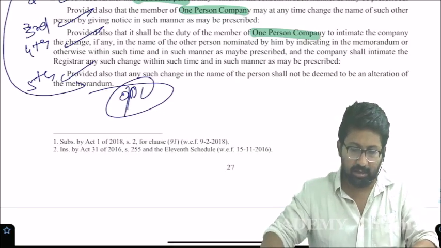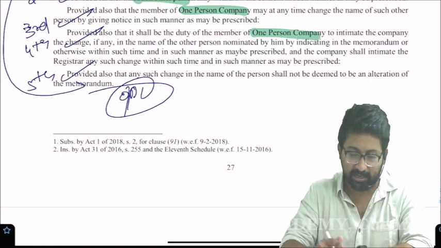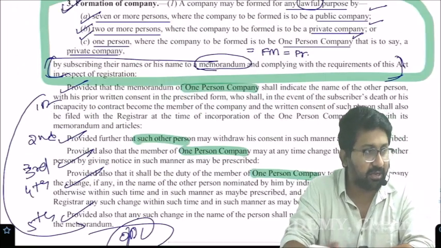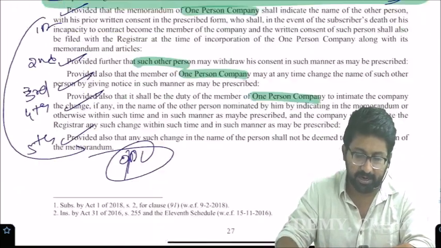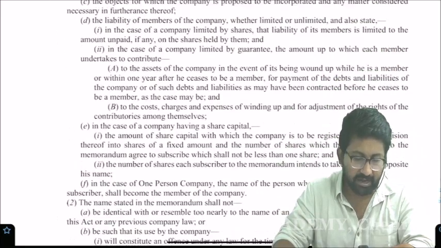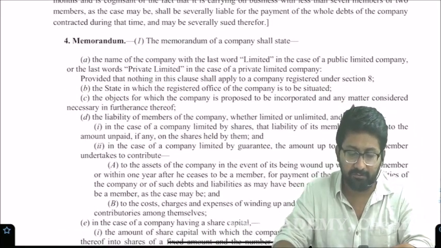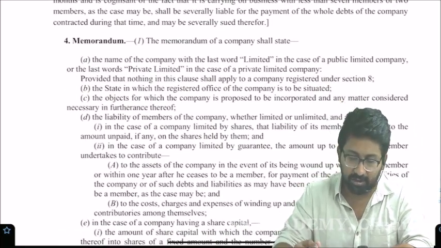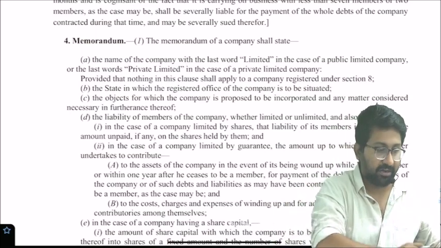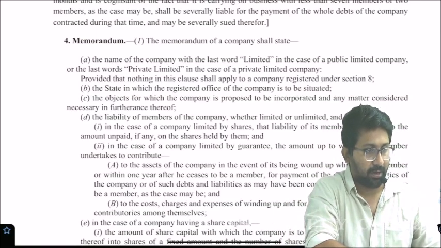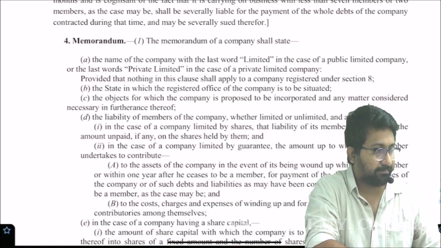Let us start with the discussion. Section 3, half the part we completed. Now we have to start with Section number 4. Please come to the Bare Act. Sorry, 3A, I'm very sorry. Come to Section 3A.